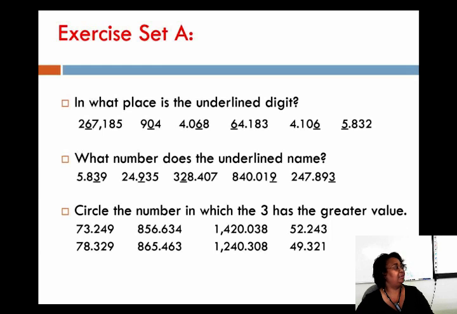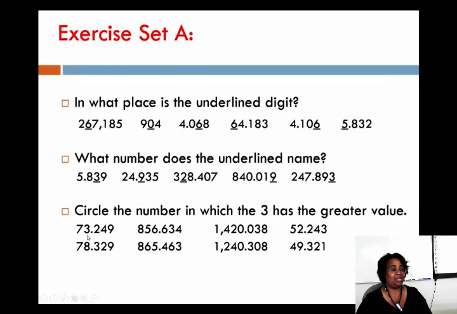You mean on the bottom here? Yeah, which of these has the 3 that has a greater value? So here my 3 is here, and here my 3 is here. So which one is the greatest value for the 3? So you should circle this one, because this 3 is in the ones place, but this 3 is in the tens place.